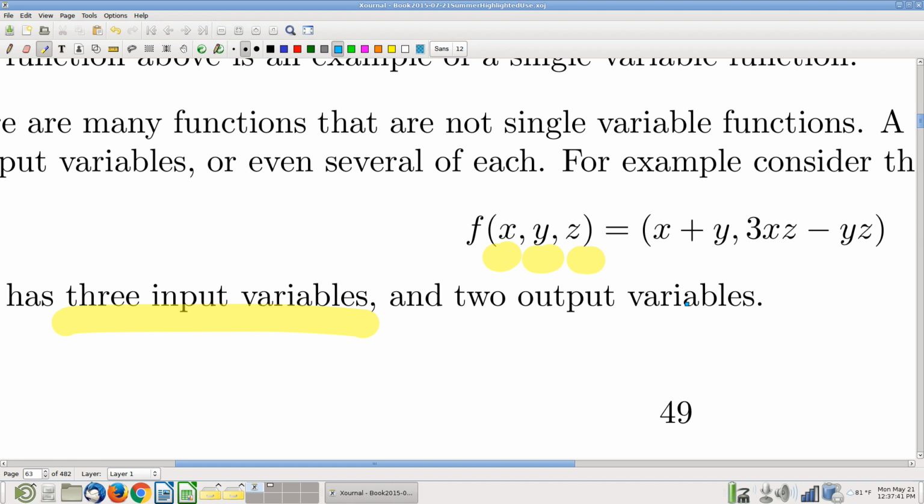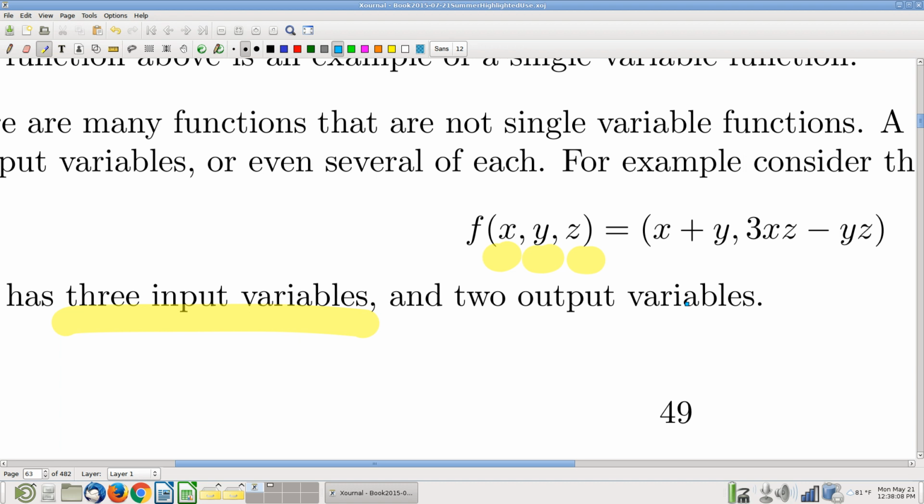Recall, first day of class, 3 numbers in a particular order. The first one is x, second one's y, third one's z. An ordered list of 3 numbers is a way of characterizing a vector. So rather than think of this as a function where 3 numbers go in, let's think of this as a function where 1 vector in R3 is what goes in.